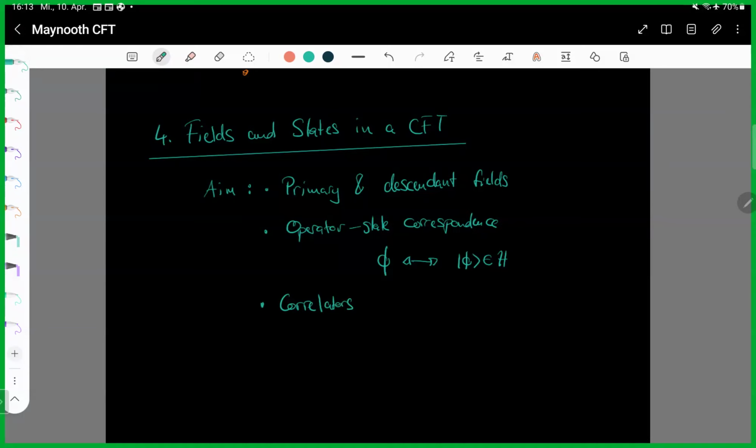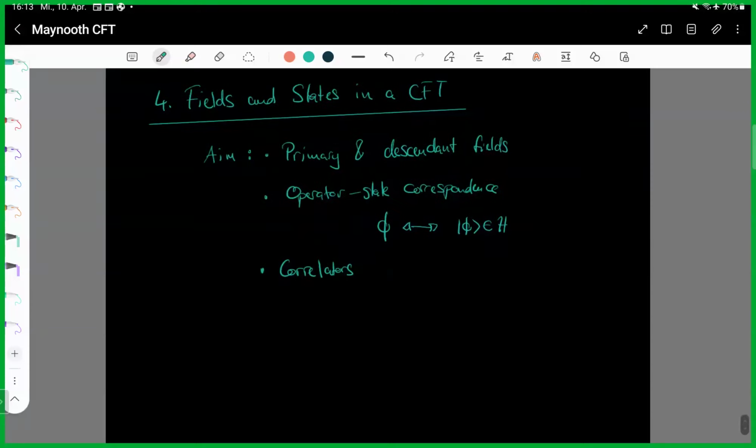And when it comes to correlators, I will only talk about the bare minimum because we won't need them as much. But I should say, when working with CFT, using correlators is very important. So if you want to use CFT for your own purposes, it may pay off to look in the literature and learn about correlators.